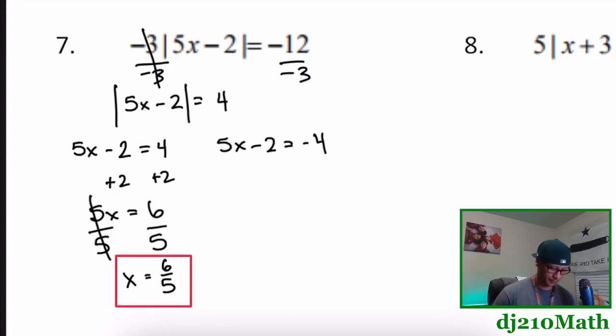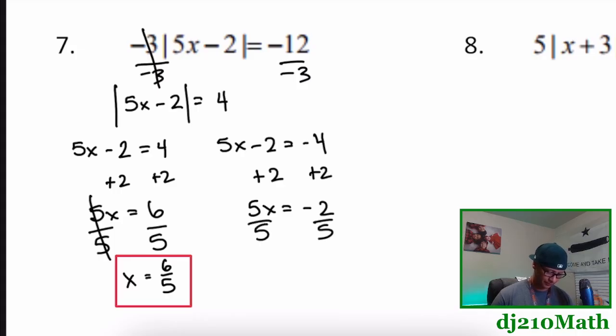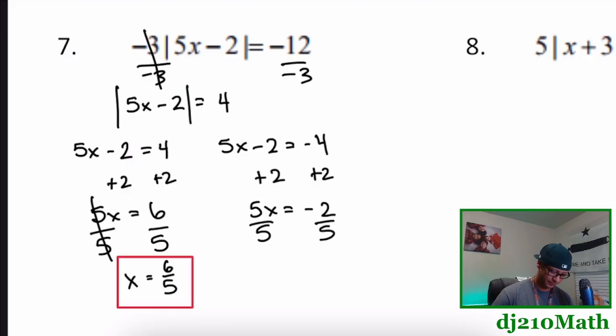On the right, we're adding 2 to both sides. So 5x is equal to negative 2. Dividing both sides by 5, x is equal to negative 2/5.